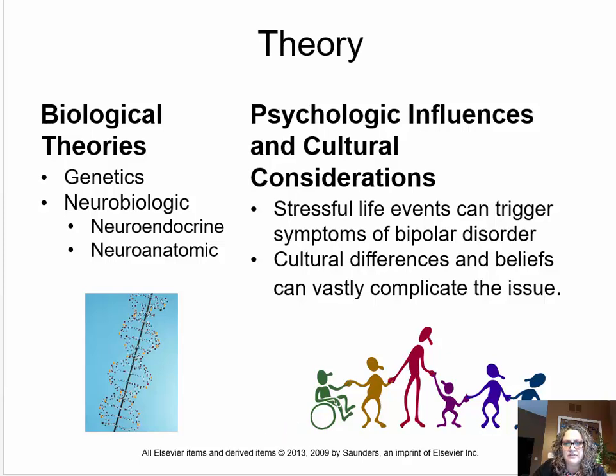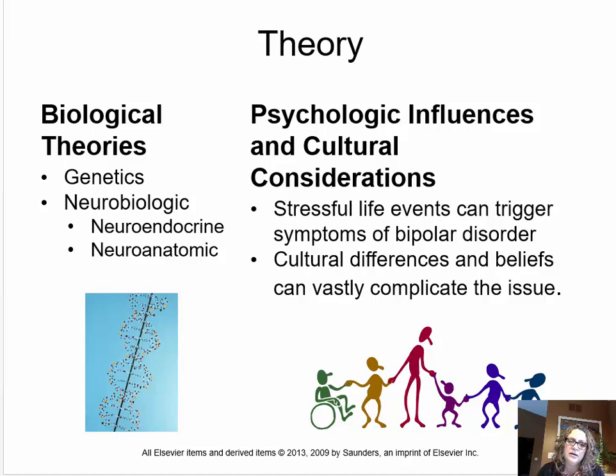biological theories include genetics, which twin, family, and adoption studies strongly support, but not one gene, or there hasn't been one gene that has been identified. Rather, there have been multiple genes that contribute to the expression of bipolar disorder.